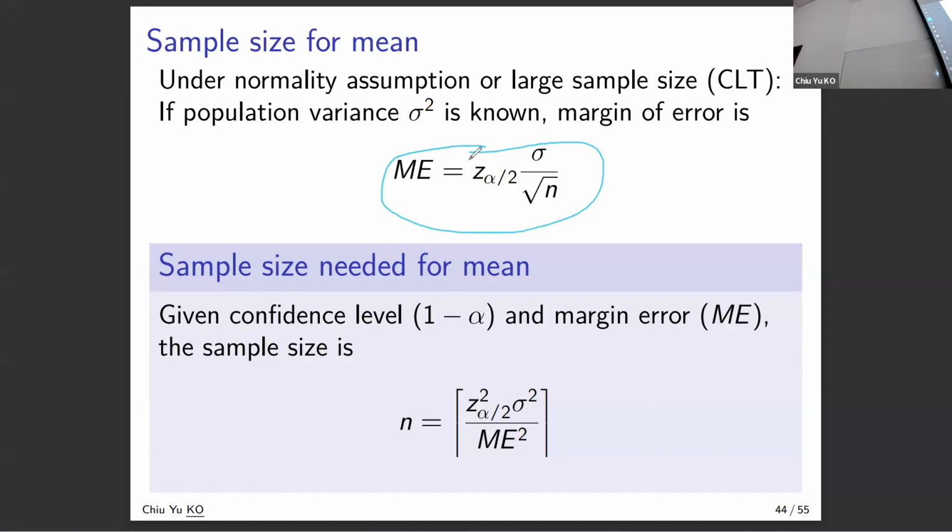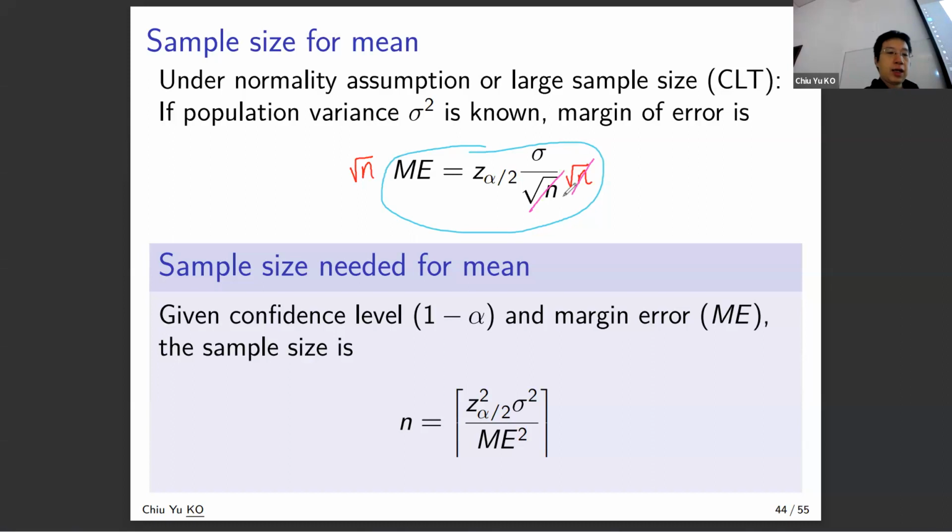This is how you go left and right by ME. It is how precise your prediction is, okay? And the way to find n is very simple. You just make n the subject, right? So the way to do it, you multiply both sides by root n, right? And using high school math, that cancels out.